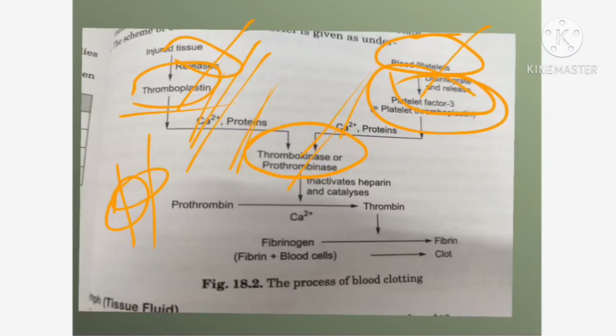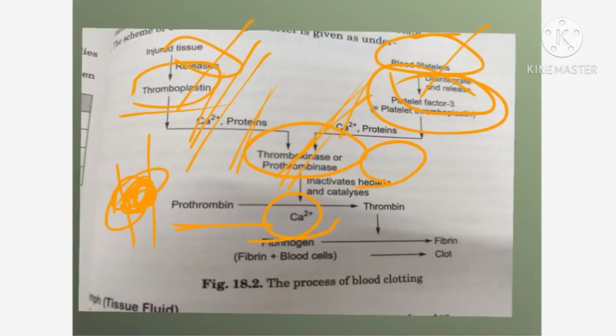What will be formed inside? A clot will be formed. Dangerous, isn't it? So, there is a substance called heparin, which gets inactivated when thrombokinase is released.